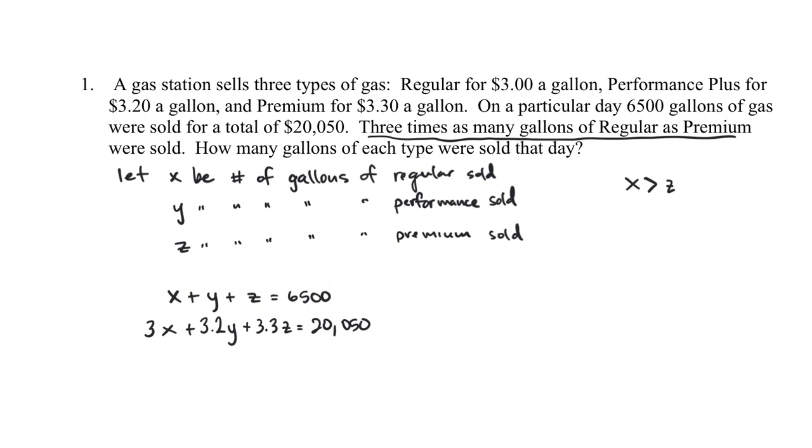So X is 3 times bigger than premium. So in order to make these equal to each other, I need to multiply premium by 3 so that they're equal to each other. Because like I said, X is already 3 times as big as Z according to this. So in order to make them the same, Z needs to be multiplied by 3. So X equals 3Z, or if we get them on the same side, X minus 3Z is equal to 0.